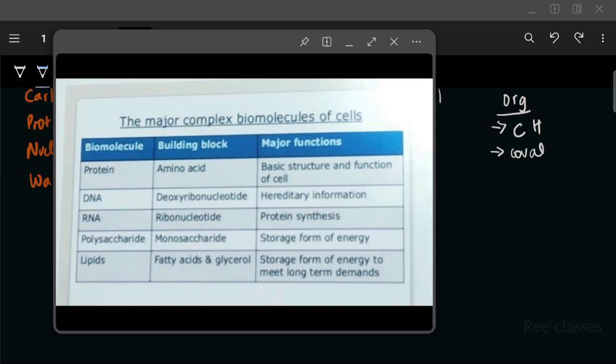The major function, DNA, hereditary information, right? Protein synthesis, RNA. Storage form of energy, polysaccharides. Storage form of energy to meet long-term demands is lipids. And basic structure functioning is the responsibility of protein. Okay, so you can do match the following of these, mix it up, just to remember.